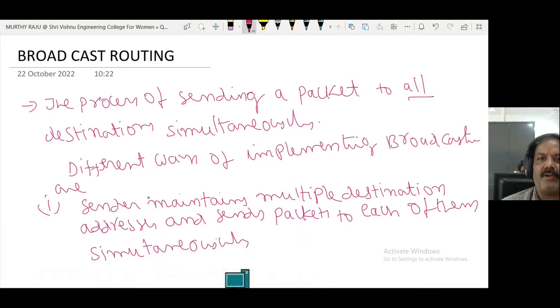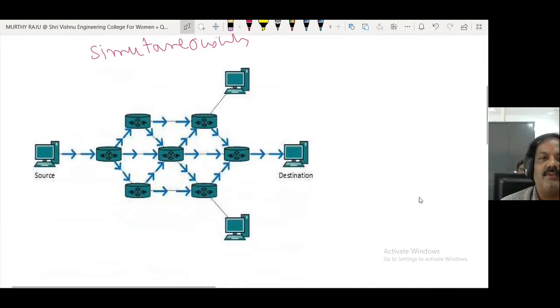Different ways of implementing broadcasting: the first technique is the sender itself maintains multiple destination addresses and sends packets to each of them simultaneously. This one is the source. These are the destinations. This destination is not active. This destination is active. These two are not active. This one is active.